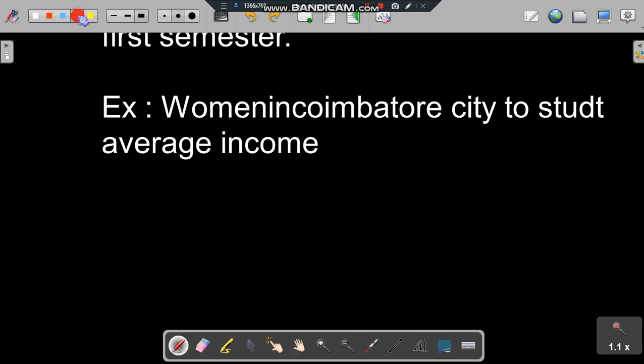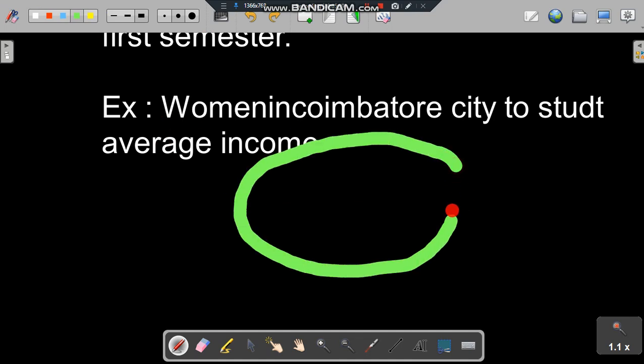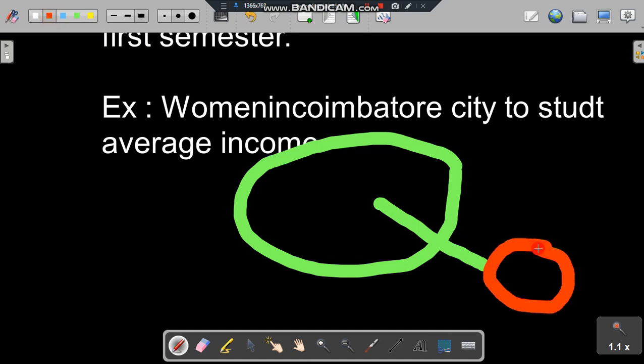So actually, what is a population? A population is a big set of elements from which we take a small set, and that small set is aimed at studying the characteristics of the population. This small part of the population we call a sample.